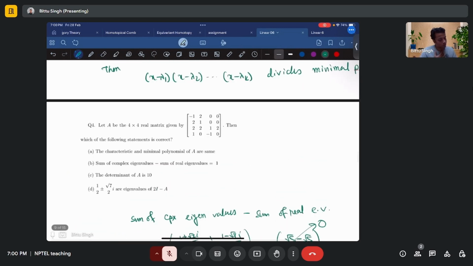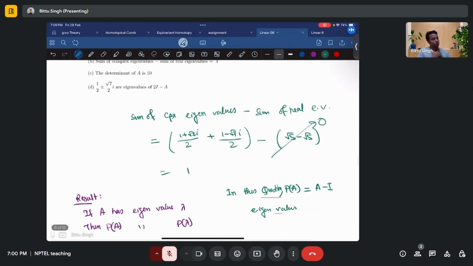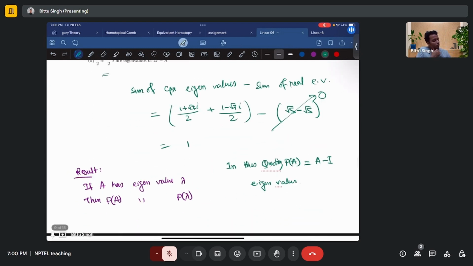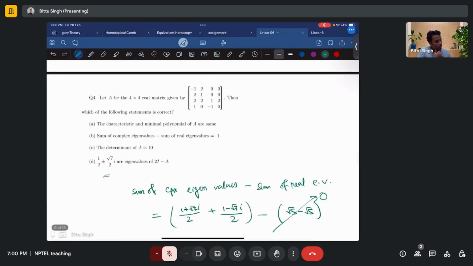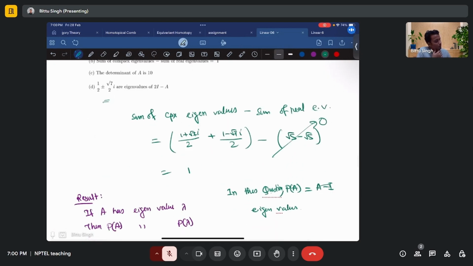We need to find the complex ones, those are complex. So for 2I minus A, the polynomial is 2I minus A. So 2 minus lambda, 2 times 1 minus lambda.